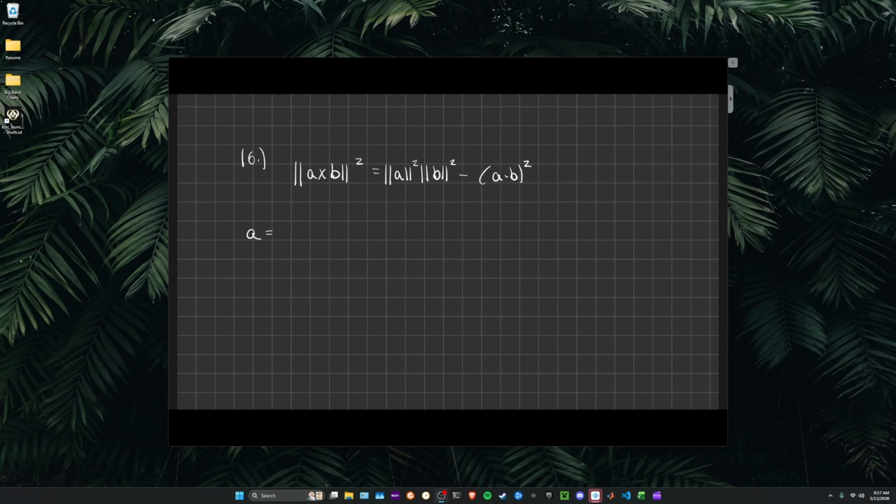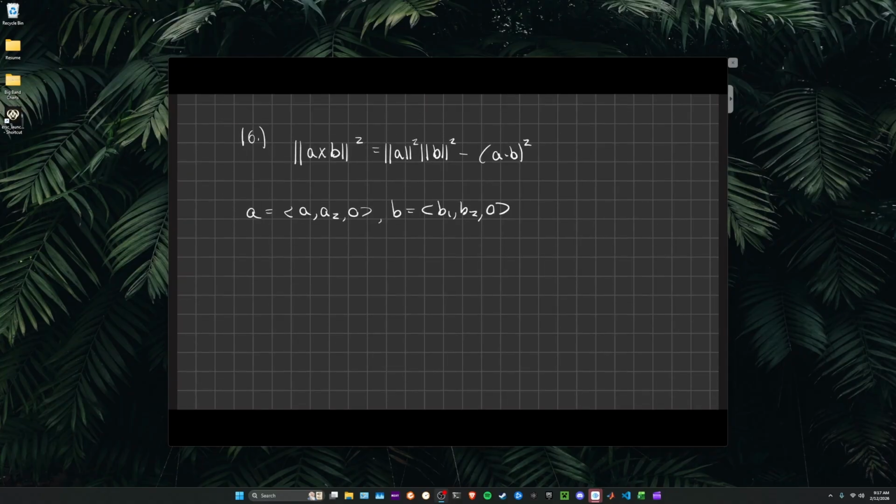So we can let A be A1, A2, 0, and we could let B be B1, B2, 0. And so basically this is just going to boil down to substitution and some algebra. So I think I'm just going to go through it.